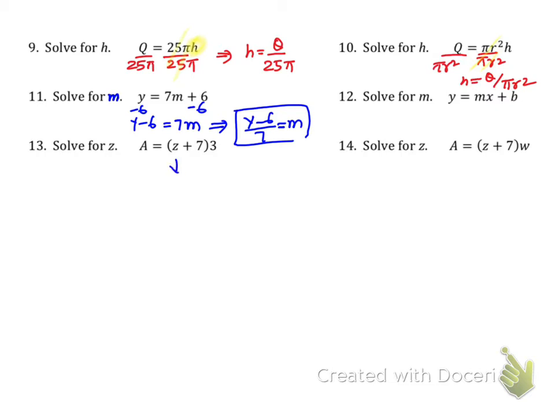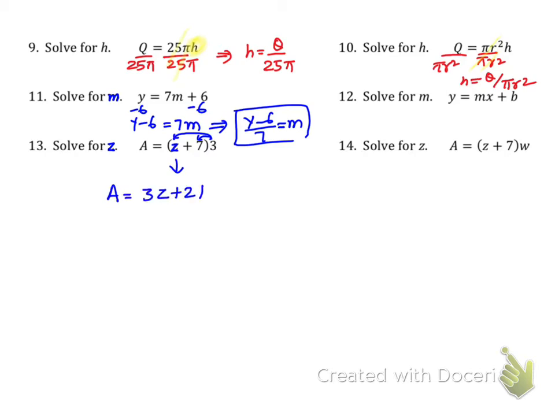If I have to do this one, here you have to be super careful. They want you to isolate z. Z is inside. I have to distribute, or I can divide, up to you. So let's distribute. So what I would say, a equal to 3z plus 21.